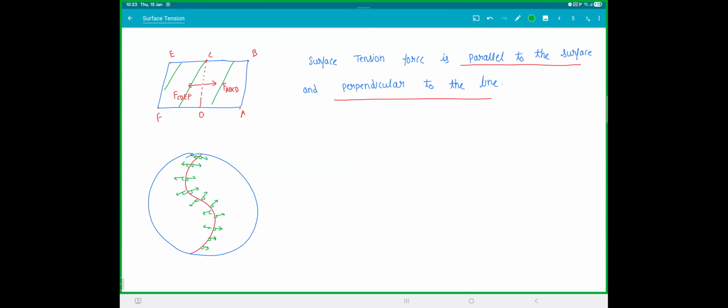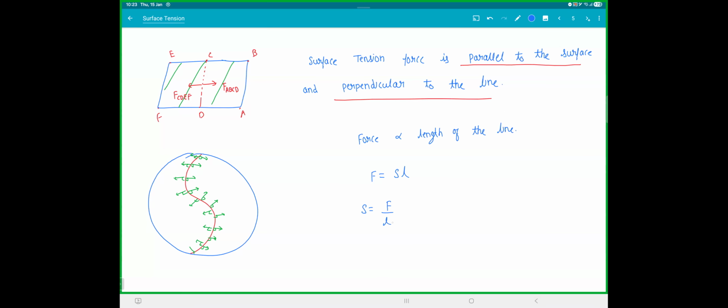Since both sides have equal lengths, the forces cancel out. So that's the reason the line does not move. This force is proportional to the length of the line. The proportionality constant gives F = SL.